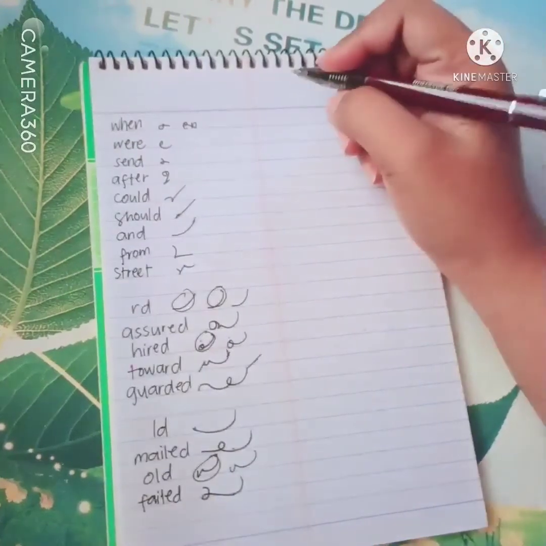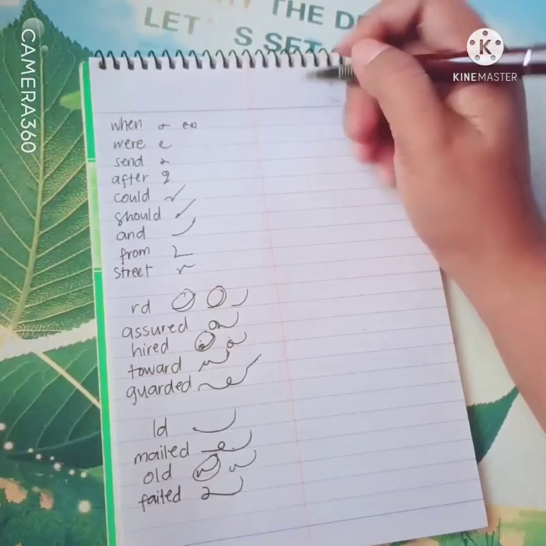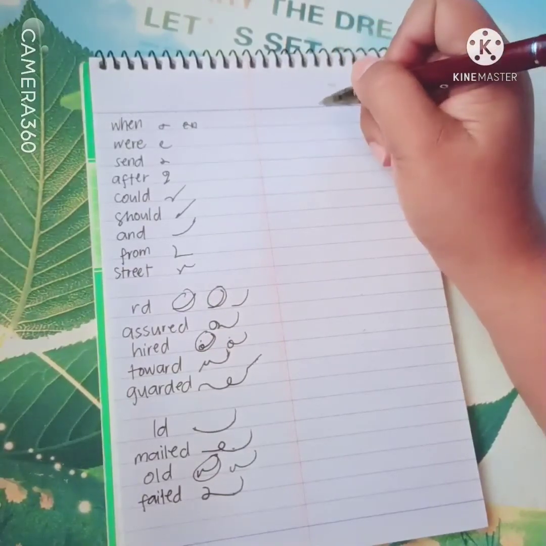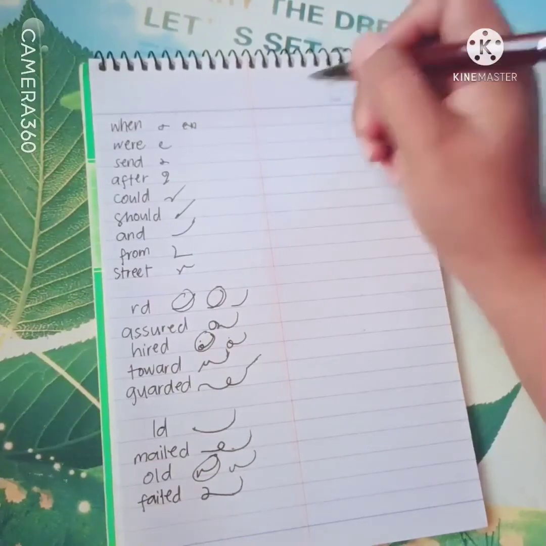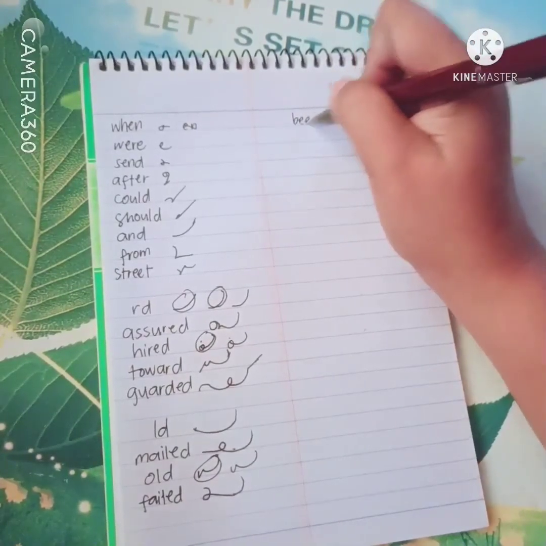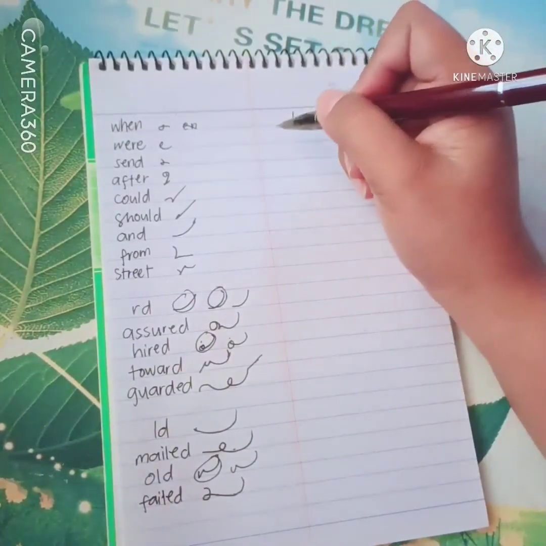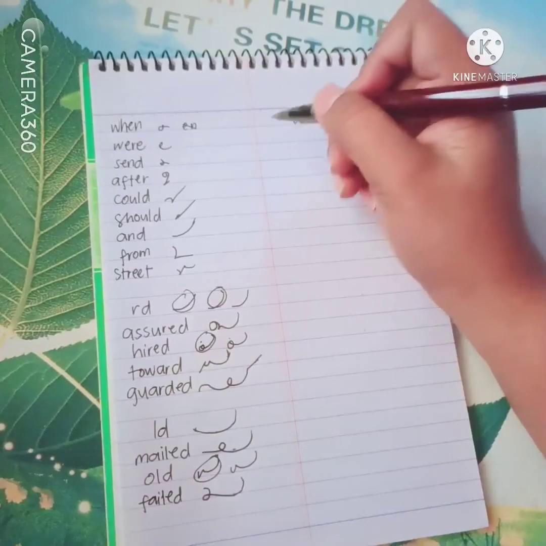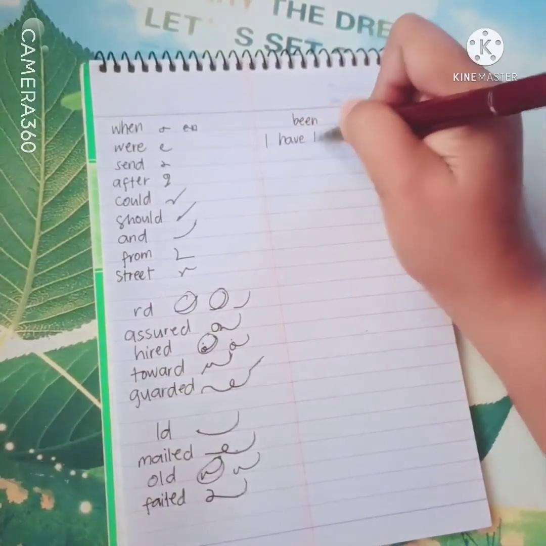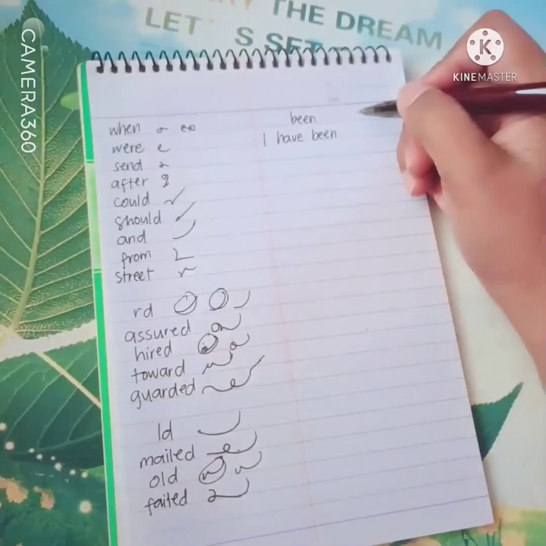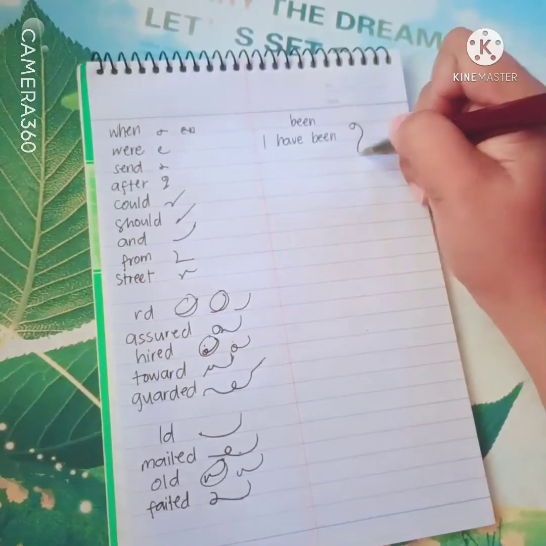So let's go to been. Those are phrasing that have been. Like I have been.